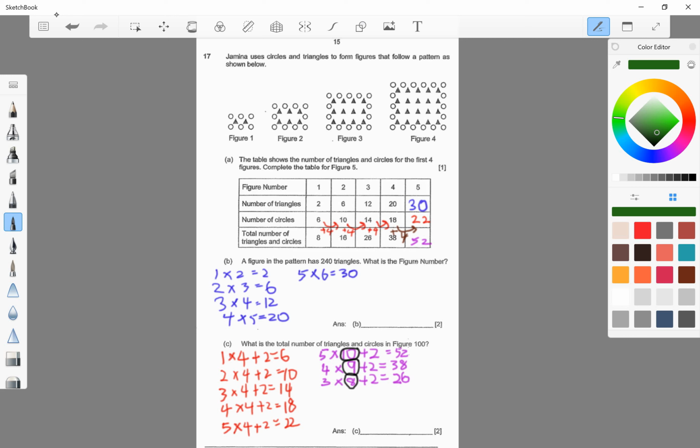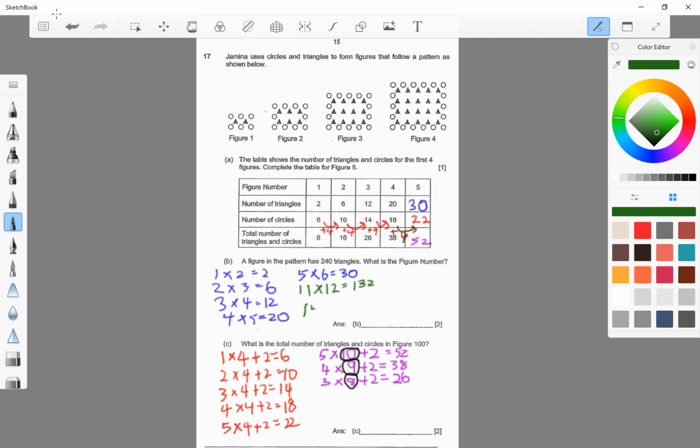So if let's say I try 11 times 12, I know that that is not the answer, because 11 times 12 I'll get 132. What we are aiming for is actually 240. So the next thing I would like to try is, what about, say, 15 times 16.